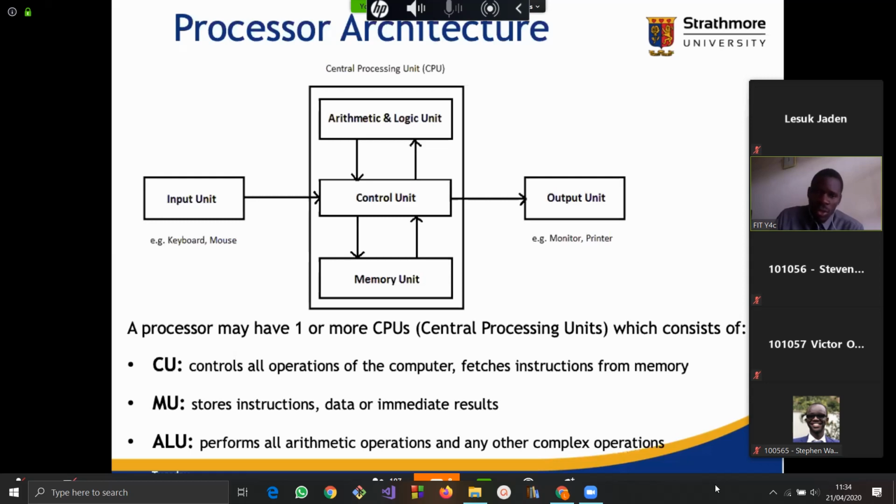The computer gets the input, sends it to the memory or the ALU for processing. Then once it gets the output, it sends it to the output unit. It could be a monitor, actuator, whatever you're using as the output. This is the processor architecture, nothing new. I just put it here so that you familiarize yourself with it.